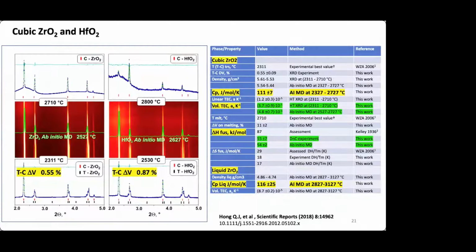For cubic zirconia and hafnia, we were able to refine volume change on tetragonal to cubic transformation, which is positive, and thermal expansion for the cubic phase to the melting temperature.